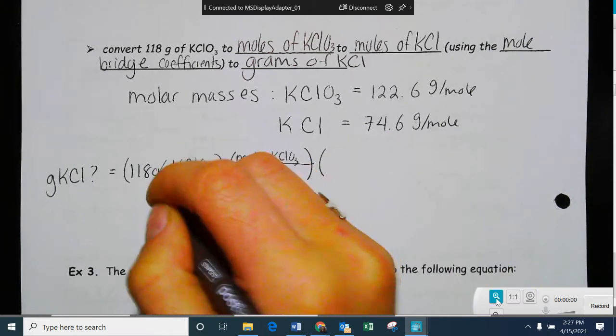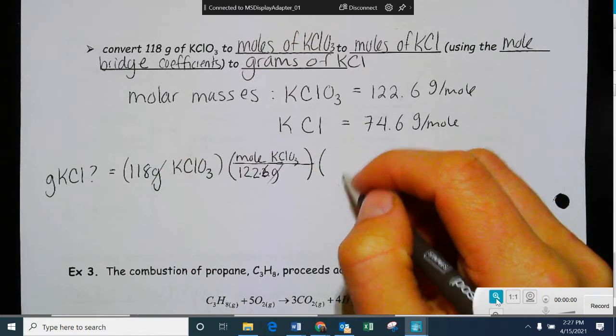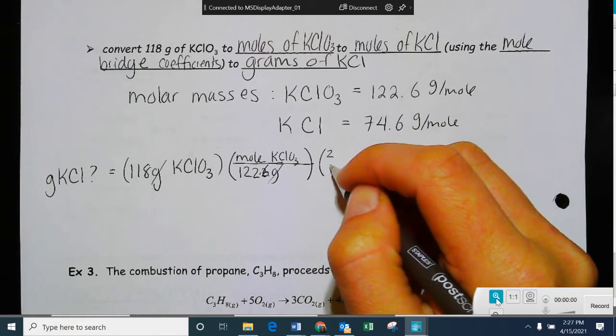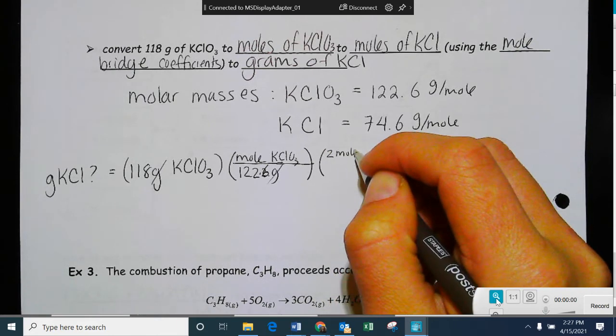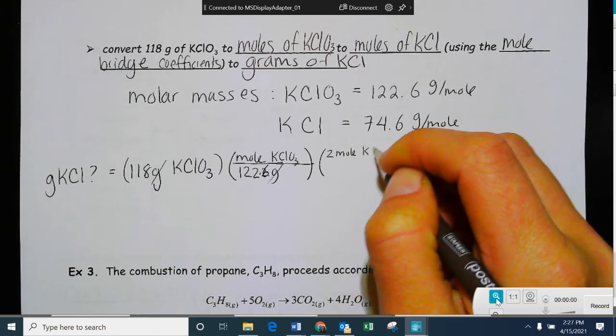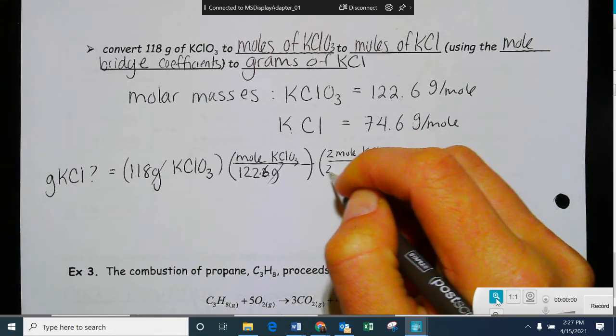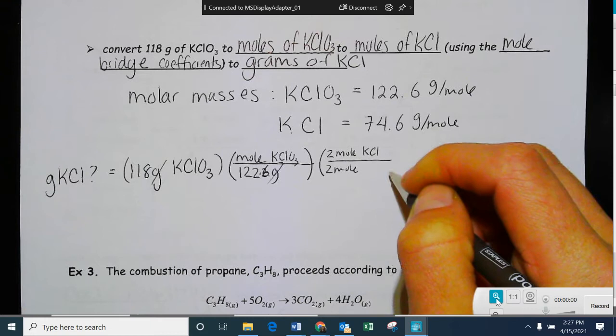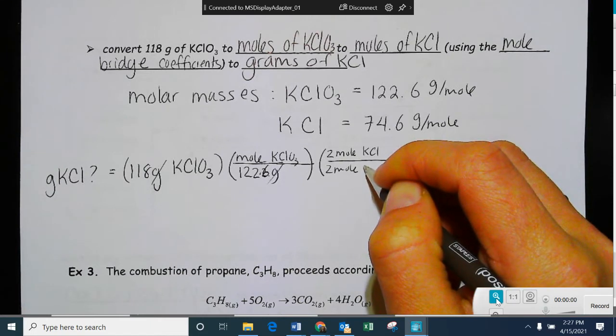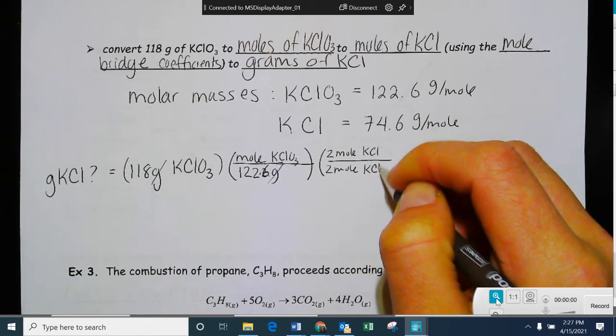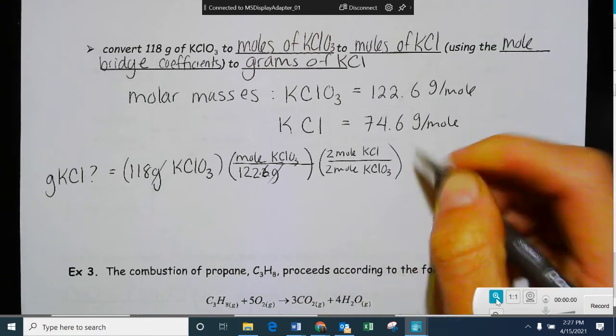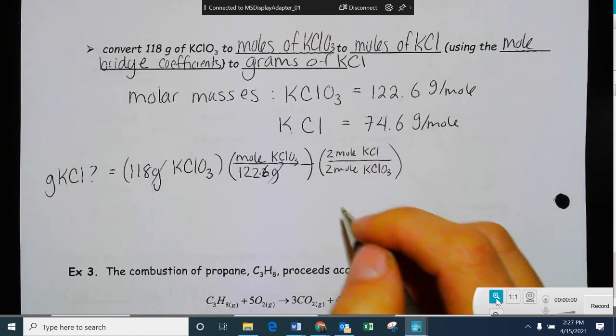That cancels out my grams. Then I'm multiplying that by, it's a 1-to-1 ratio for moles. I'm just writing the 2's. Okay, so you can write 2 to 2.